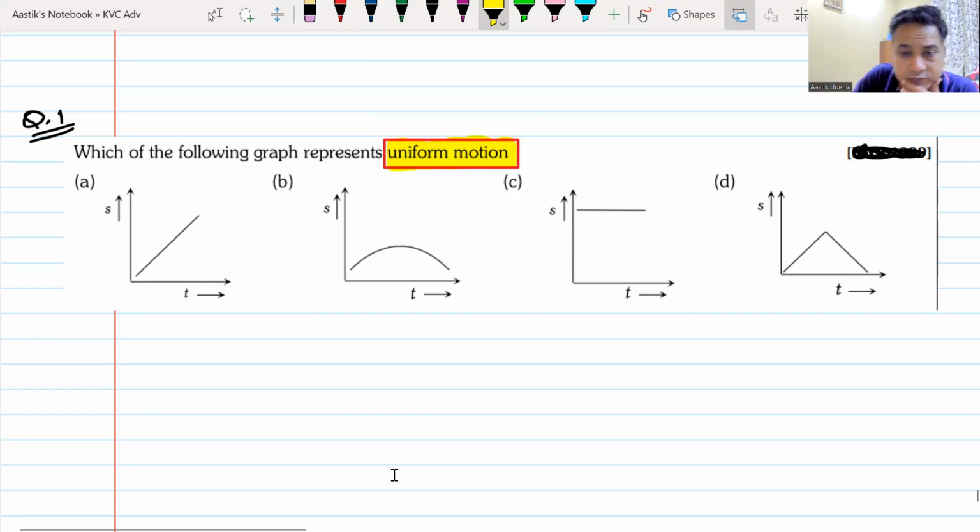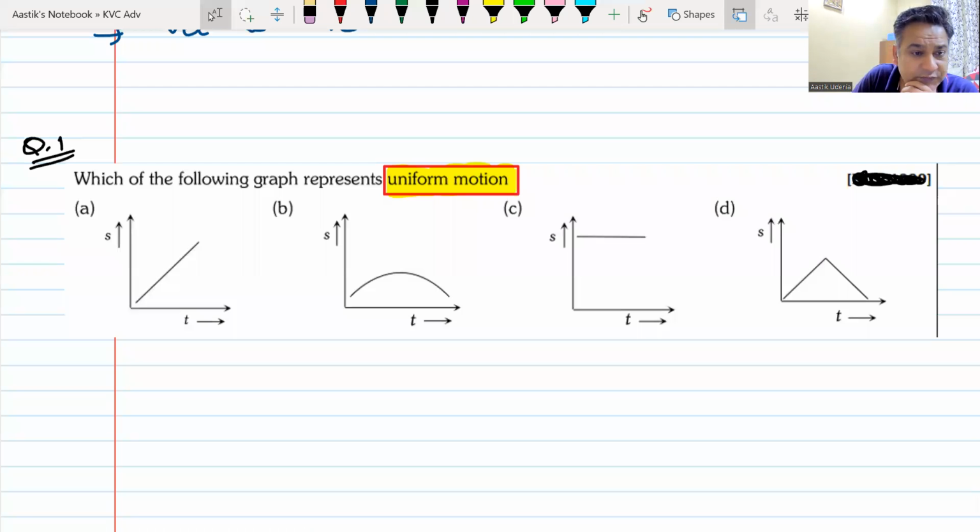Which of the graphs represents uniform motion? Only one student has given me the answer. What about the others? Anjali, Kaushik, Karthik, Shruti. Which option is correct? Uniform motion means motion with uniform velocity, my dear friends. Which is the correct option? No one knows it. Anjali, what is your answer? Kaushik, what is your answer? Shruti has given me the answer.